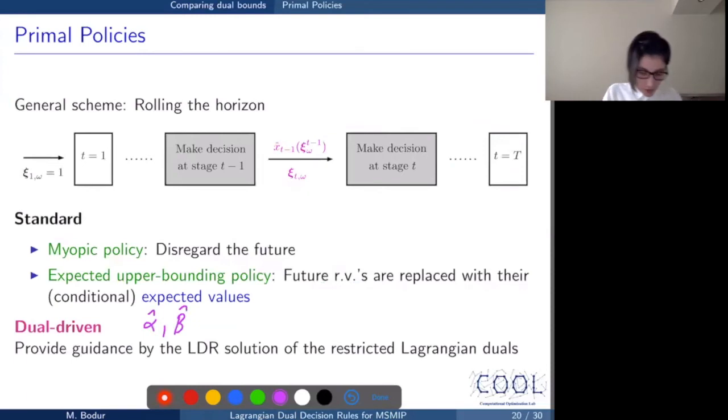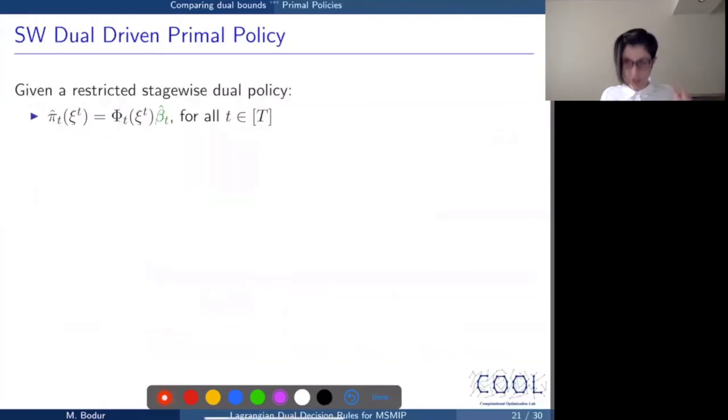So in particular, we will consider some of those policies and try to modify them by adding some new terms to the objective, or we will maybe expand the deterministic problem into two-stage, but with the help of these Lagrangian dual LDR solutions. All right, so I will review quickly two of those. The first one is how we can guide our primal policy using the first stage-wise dual policy.